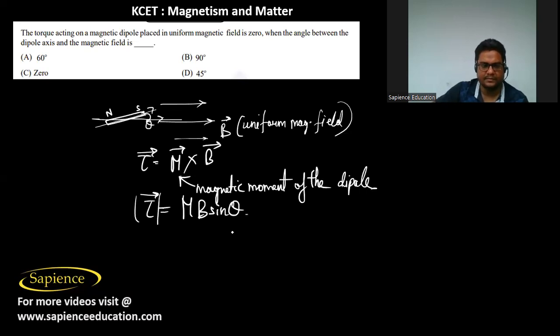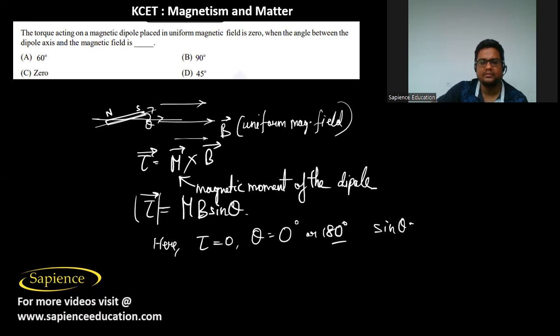The torque will be 0 when the angle between the dipole axis and the magnetic field, theta, is 0 degree or 180 degree, since sine theta will become 0. So the angle between the dipole axis and the magnetic field in this case will be 0. Option C is the correct answer.